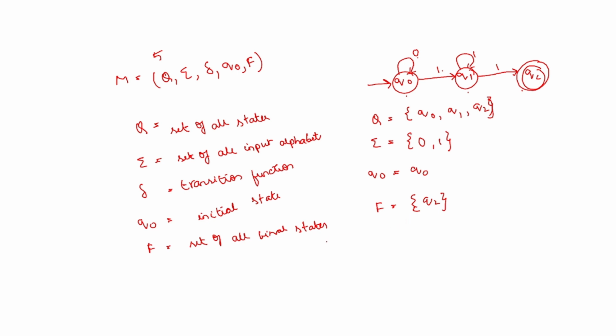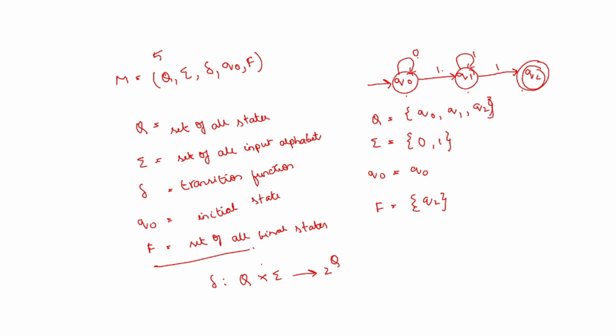So let's talk about the transition function now. The transition function in NFA goes like this: Q cross sigma maps to 2 to the power of Q. Here Q can be any of q0, q1 and q2, and sigma is one of the input alphabets, that is 0 or 1.